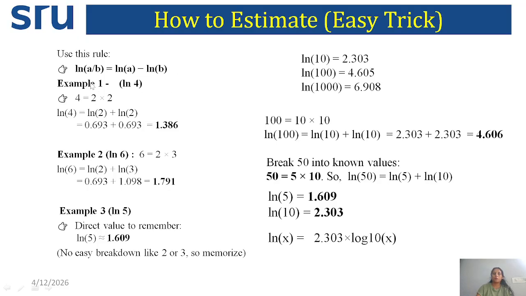If you are dividing, for example, you want to know the ln 10 value, which is 100 by 10, then you need to use this formula: ln A by B is ln A minus ln B. For example, you want to analyze ln 4.